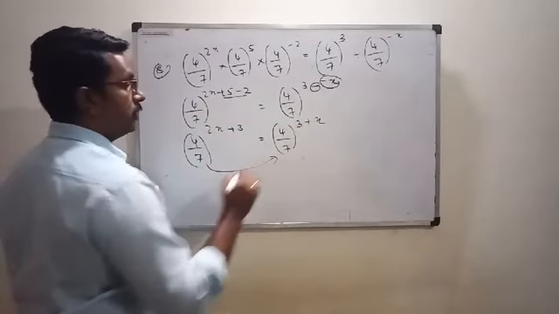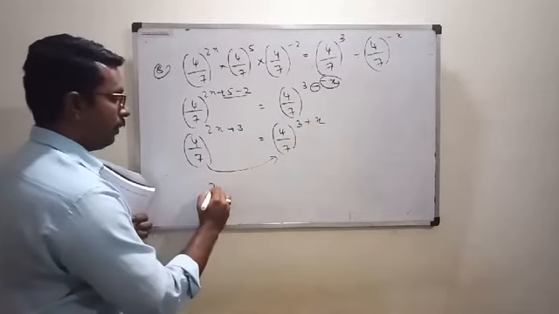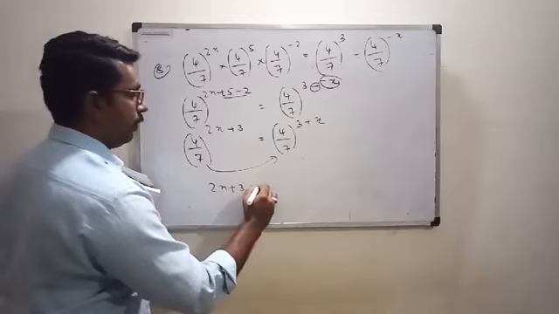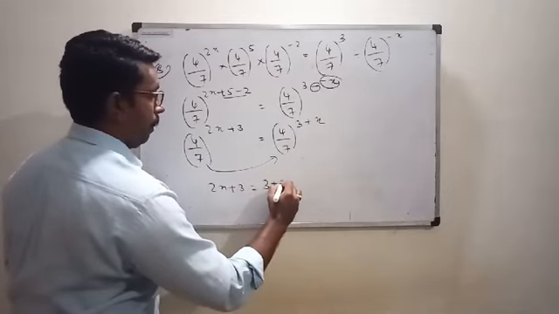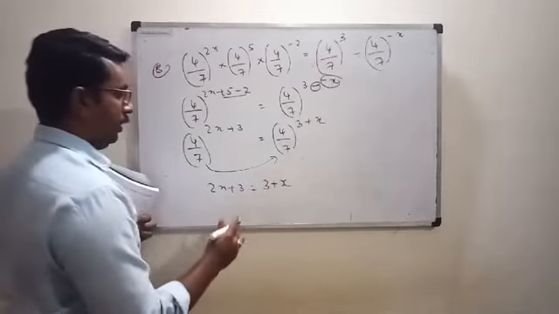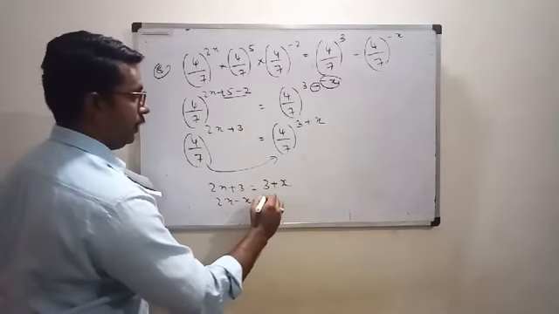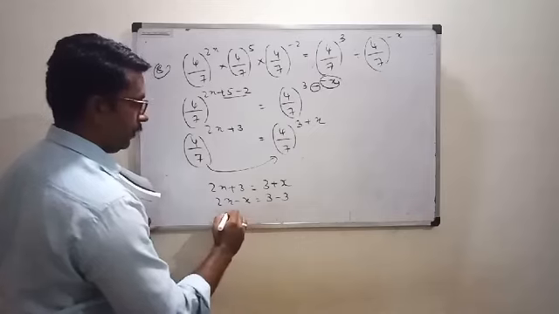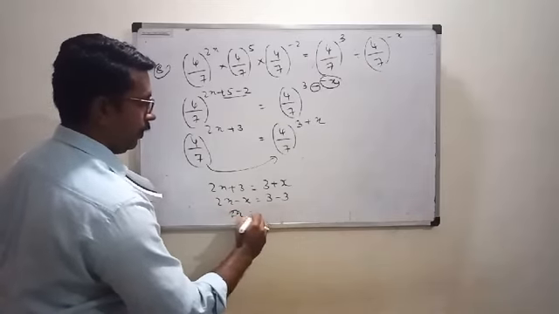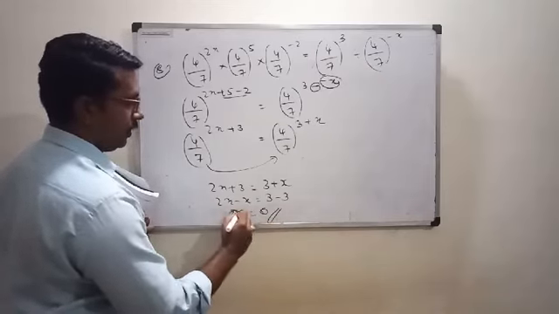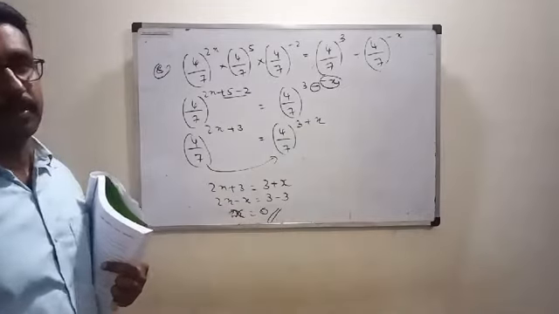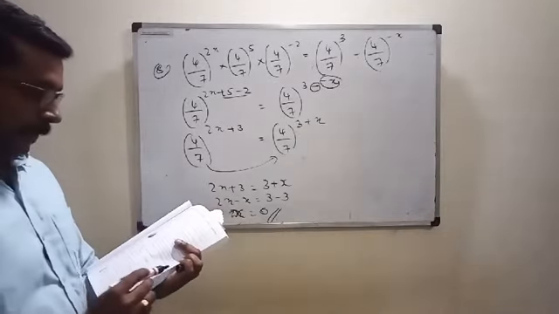Now you see same bases. So powers are equal. Then 2x minus x is equal to 3 minus 3. x equal to 0. What is the answer? x is equal to 0. This is the answer. Okay.